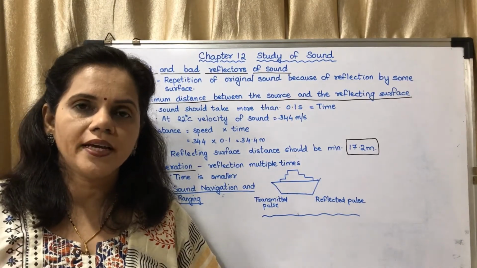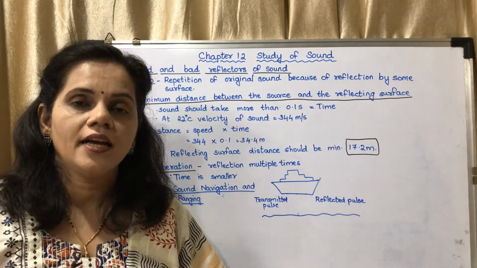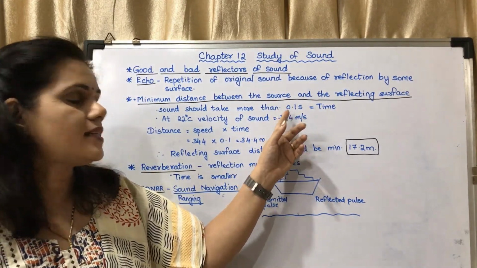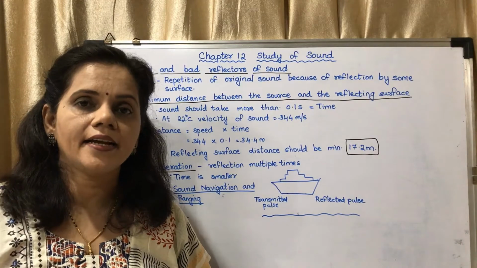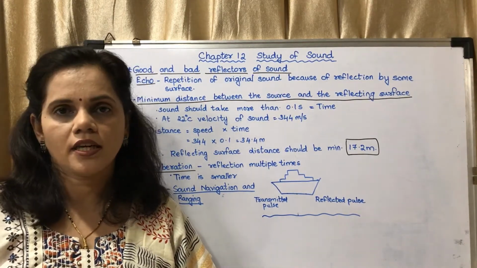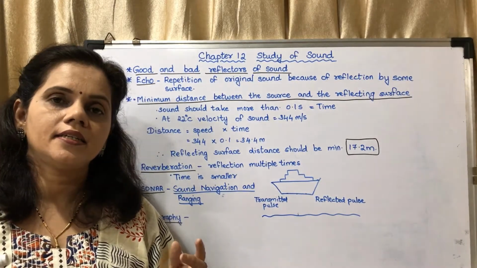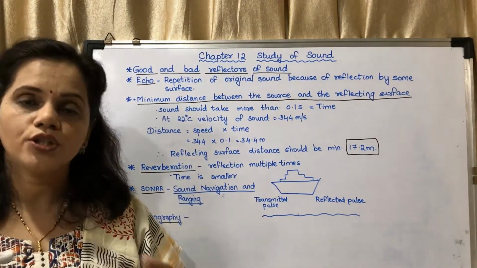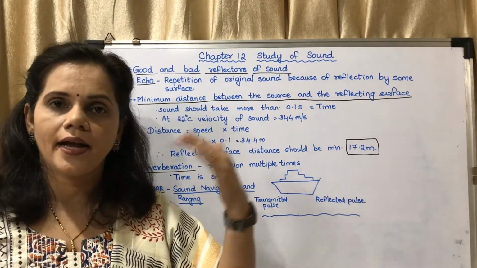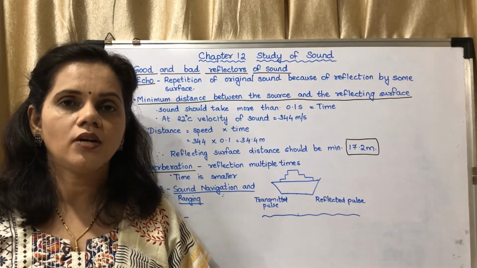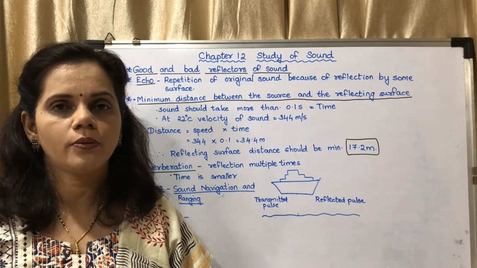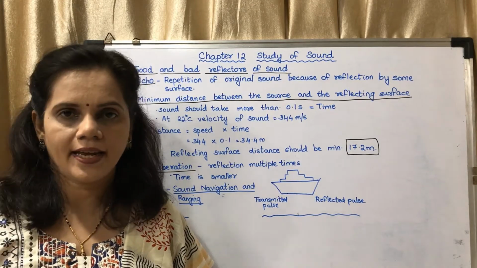If my speed was very fast, if it was less than 0.1 second, then you might not be able to understand what I am talking about. That means the sound should take more than 0.1 second to go and come. So the minimum time required is 0.1 second.